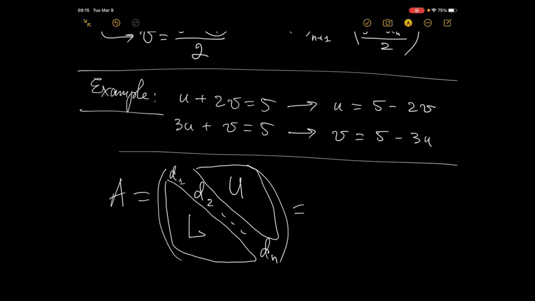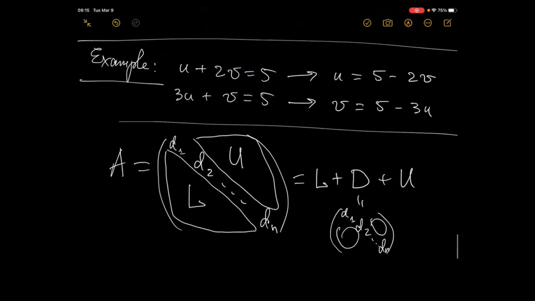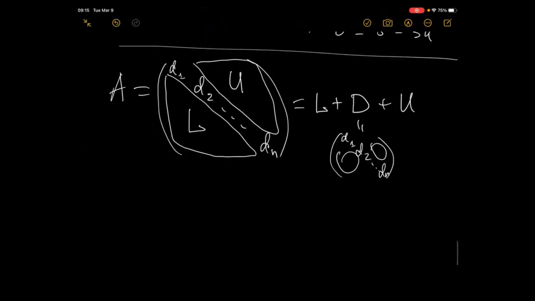So you can say that this is essentially L plus D, which is just a diagonal matrix, plus U, right? So you can split this matrix into these parts.